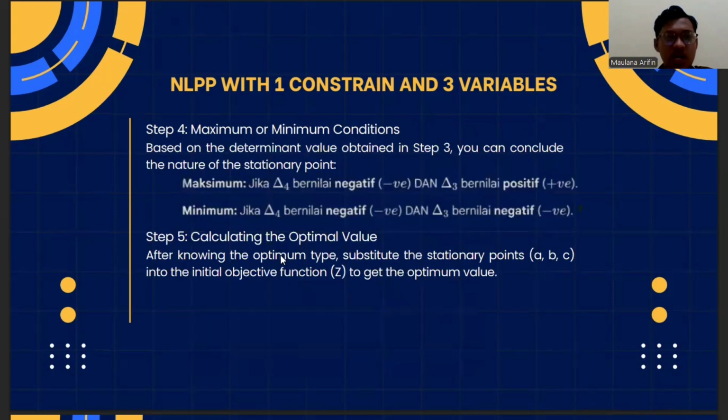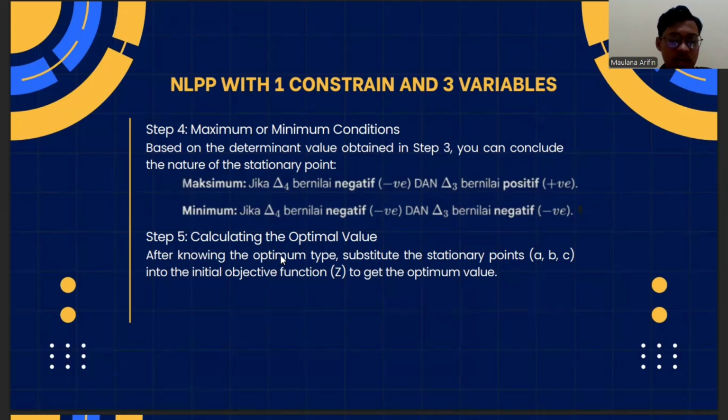And next step is maximum or minimum condition. Based on the determinant values obtained in step 3, you can conclude the nature of the stationary point: the maximum when determinant 4 is negative and determinant 3 is positive, and the minimum when determinant 4 is negative and determinant 3 is negative too.